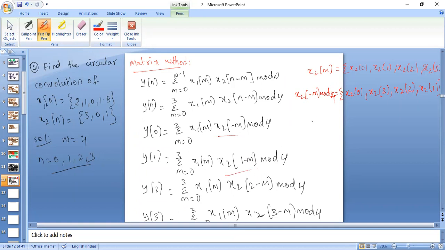Next we need to write coefficients for x2 of 1 minus m. So x2 of 1 minus m mod 4 is equal to, just shift all the sequences by 1 unit of time. So x2 of 1, x2 of 0, x2 of 3, x2 of 2.